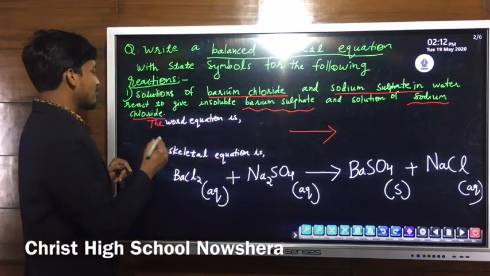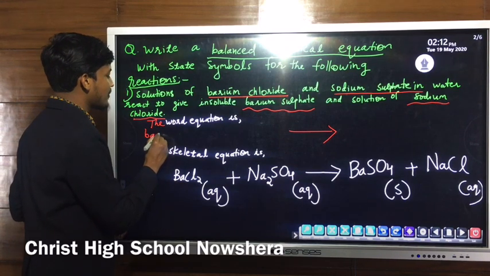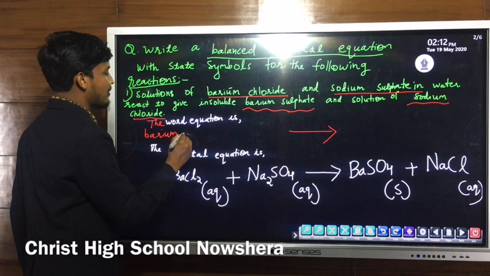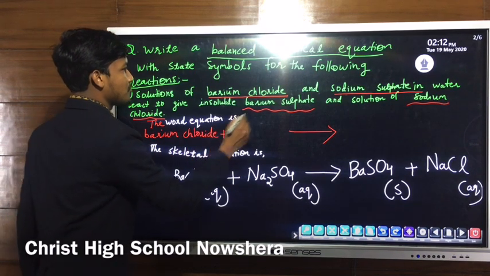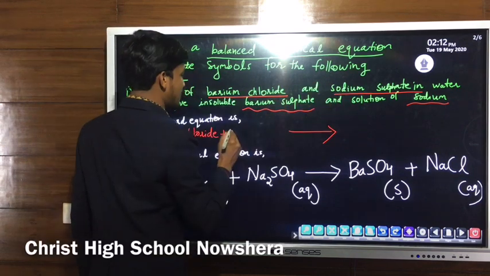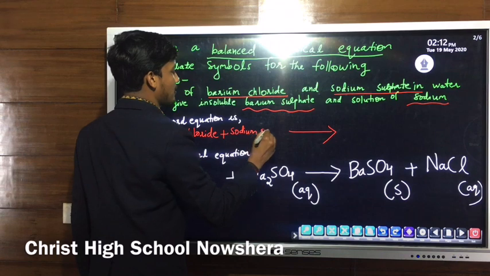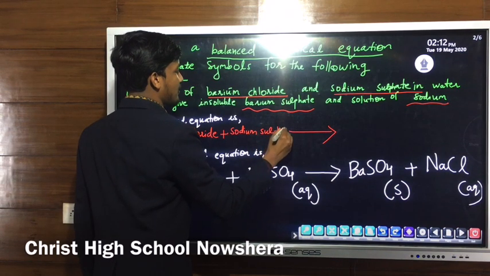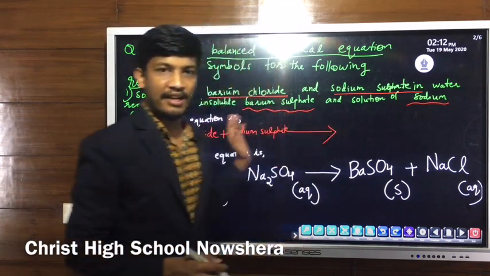So we write barium chloride plus the second reactant, sodium sulfate. Then an arrow mark. Then on the right side we write the products.